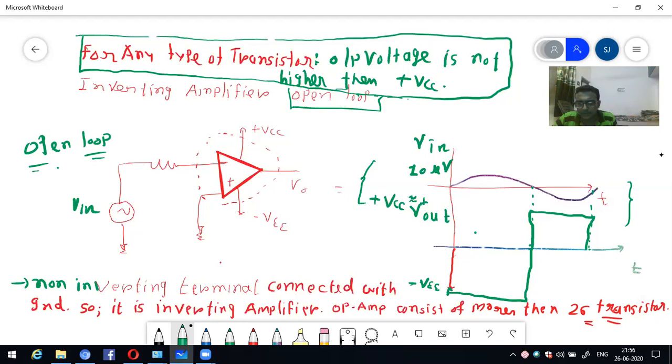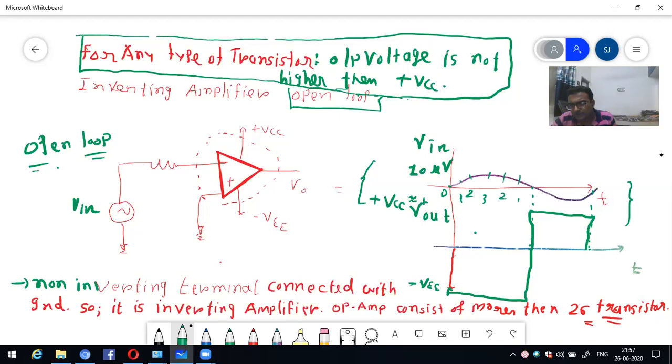See this input and output waveform. This is the input waveform. This is the output waveform. If you see this in depth, you will notice that in the positive cycle, the voltage changes: here 0 volt, here 1 volt, here 2 volt, here 3 volt, here 2 volt, here 1 volt, here 0 volt.